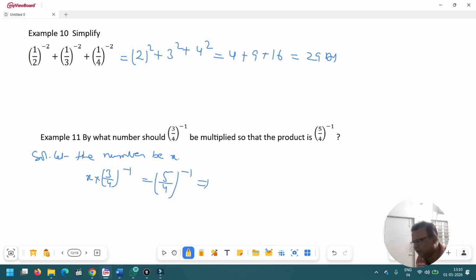That is x into 4 by 3 equal to 4 by 5. That is x is equal to 3 into 4 by 5 into 4. That implies x is equal to 3 by 5. That is the answer.